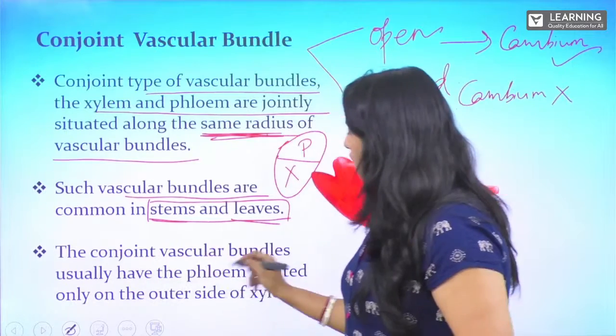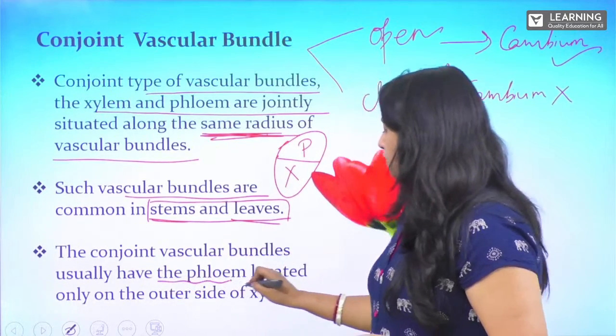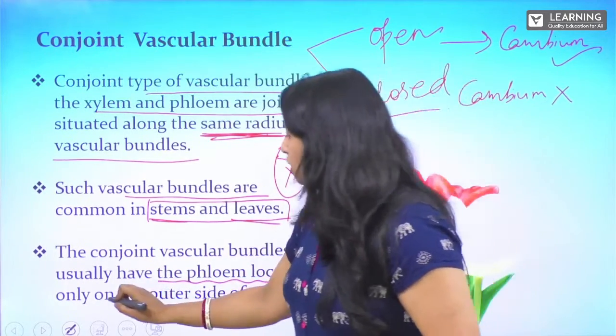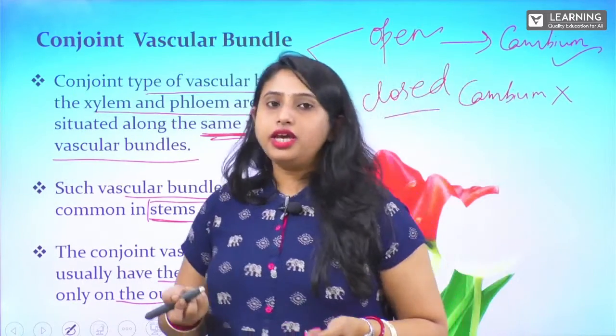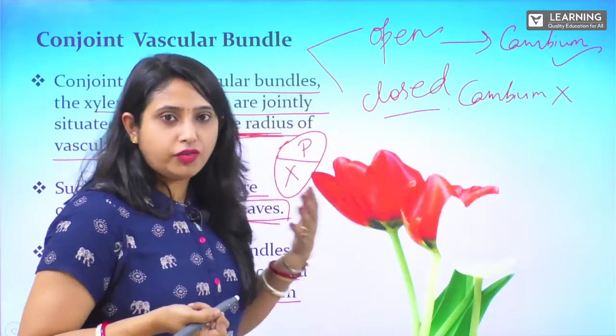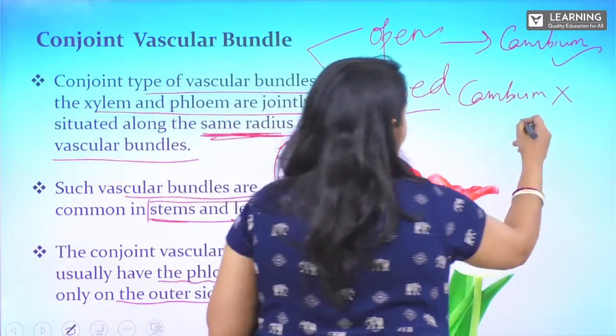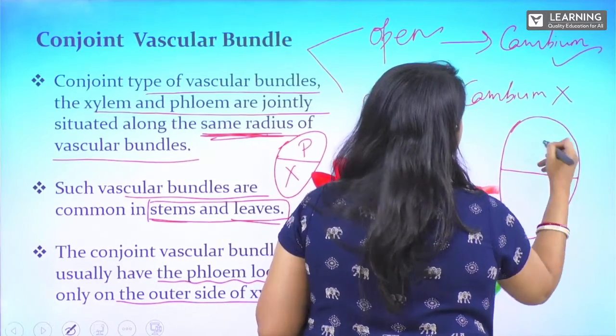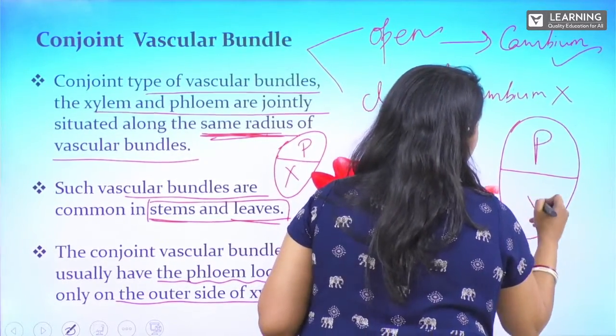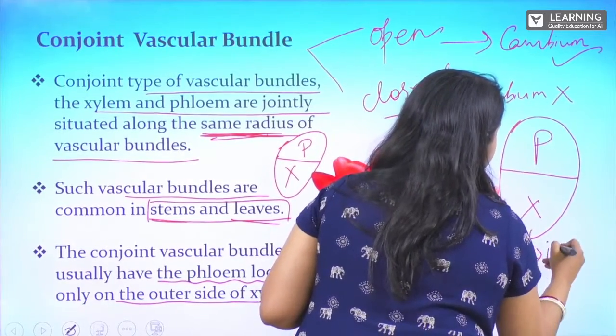So the conjoint vascular bundles usually have the phloem located only on the outer side of the xylem. If this is a vascular bundle, the phloem will be here and xylem will be present inside.